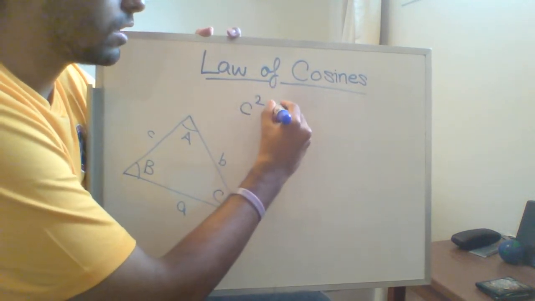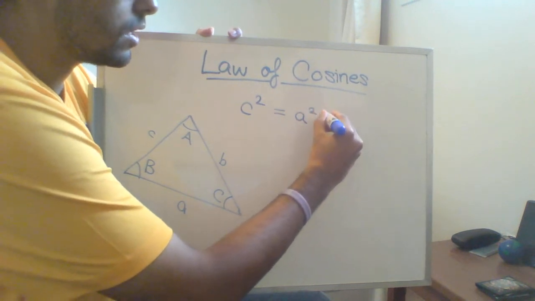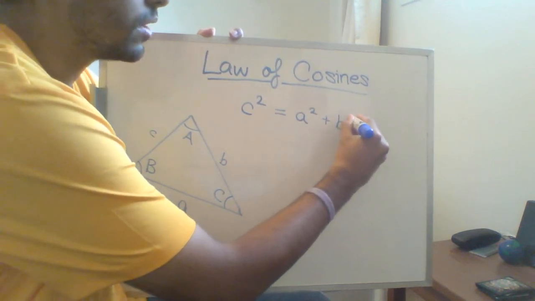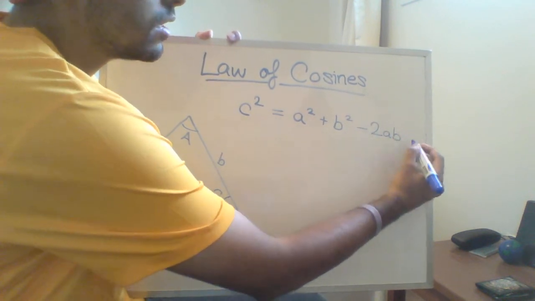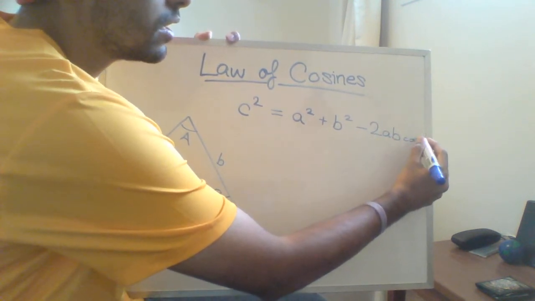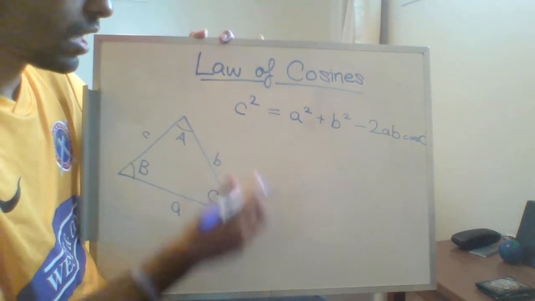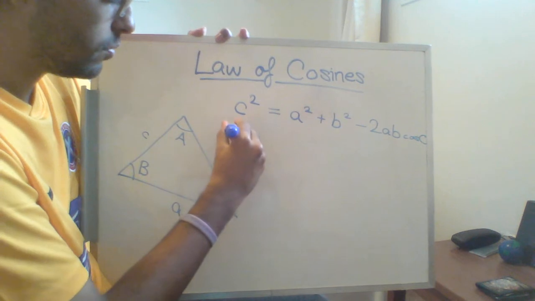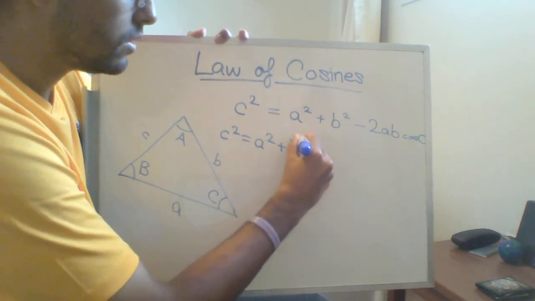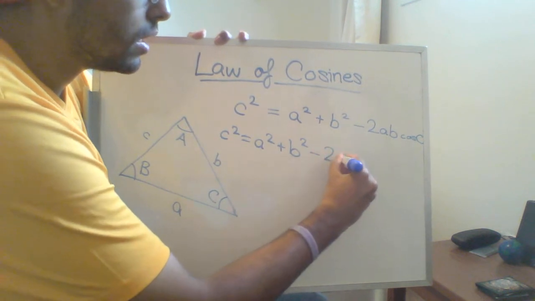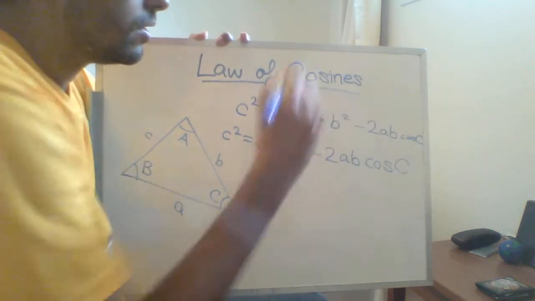So, the cosine law looks like this. c squared equals a squared plus b squared minus 2ab times the cosine of angle C. Alright, I'm going to write that down here a little bit better. c squared equals a squared plus b squared minus 2ab cos C.